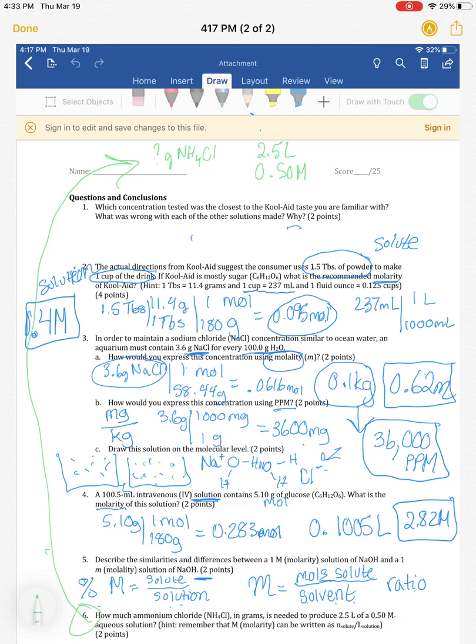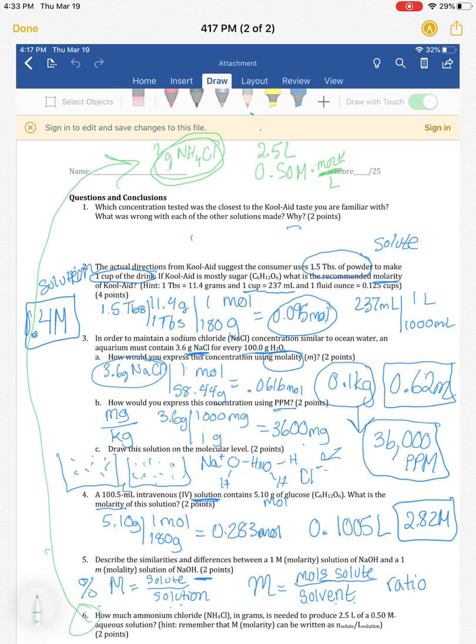So in this case, instead of asking me to solve for molarity or molality, it's more like our pre-lab questions. I'm asked to solve for the grams, okay? Molarity can also be written as moles per liter. I recognize that moles can be converted into grams if I use my conversion. So what I'm going to do first is solve for moles.